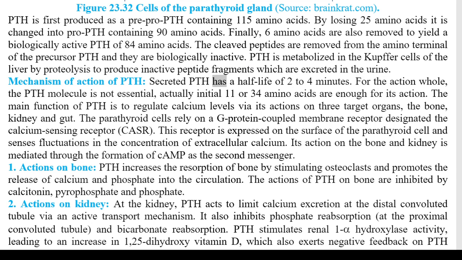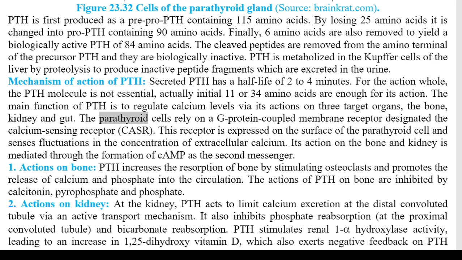Mechanism of action of PTH. Secreted PTH has a half-life of 2 to 4 minutes. For the action, the whole PTH molecule is not essential; actually the initial 11 or 34 amino acids are enough for its action. The main function of PTH is to regulate calcium levels via its actions on 3 target organs: the bone, kidney, and gut.